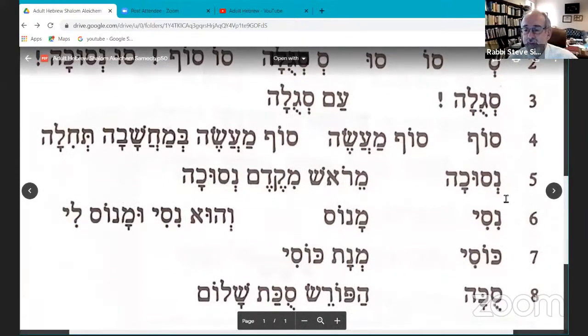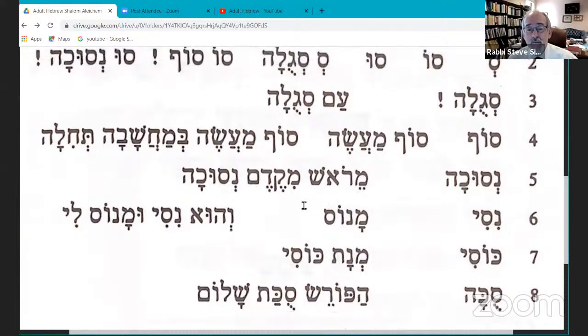Line 5. Nisucha. Nisucha merosh mikedem. Nisucha. Merosh mikedem nisucha.